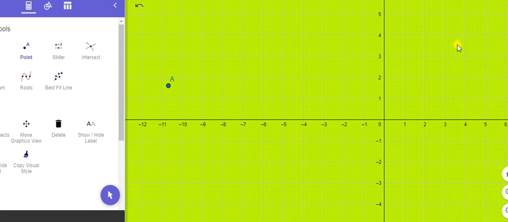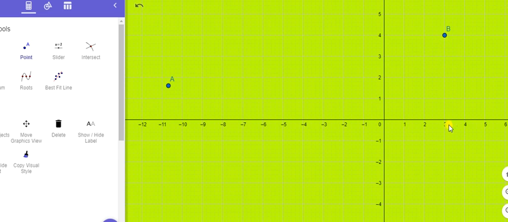If I want to say this particular point, you can see this is the point B, and what will be its coordinates? The coordinates of this point B will be (3, 4). And what will be the coordinates of this particular point C? It will be (-5, 3).